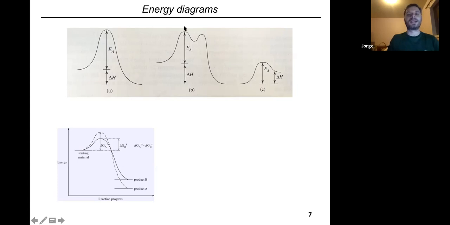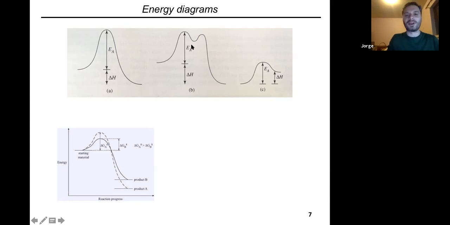Now let's take a look at the diagram shown in B. This diagram is slightly different. So we have the starting point here, activation energy quite high, so that should be a slow reaction. However, there is a little valley here, and then the reaction goes again and then goes all the way down.